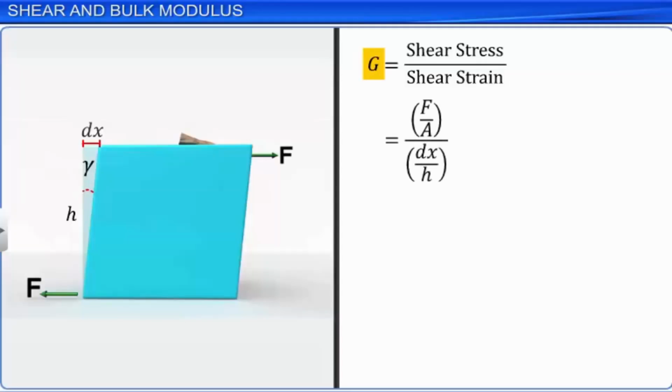The values of shear modulus for a few materials are shown. Most materials have shear modulus values lower than their Young's modulus, and typically about 1/3 of their Young's modulus value.